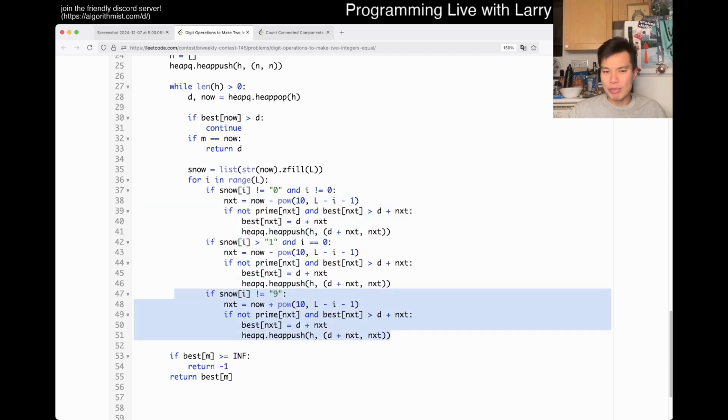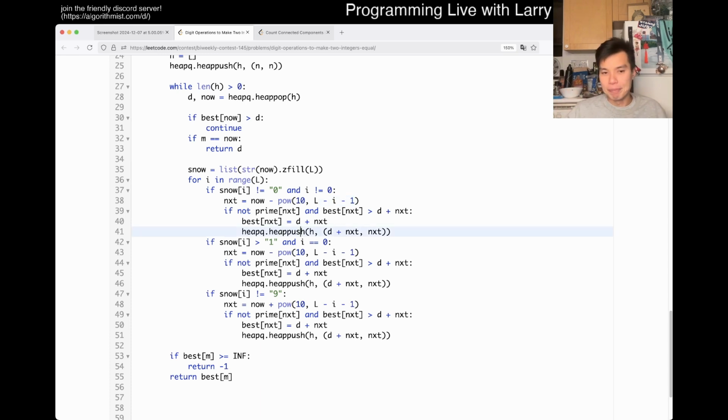Otherwise, the same code. And this is the increment version of it. We add. I was debating doing the math on the list, but this makes more sense as well, right? We just subtract out that digit, and that digit is going to be 10 to the whatever power. You could factor that out because i goes from left to right, while the power function goes from right to left, from the least significant digit.